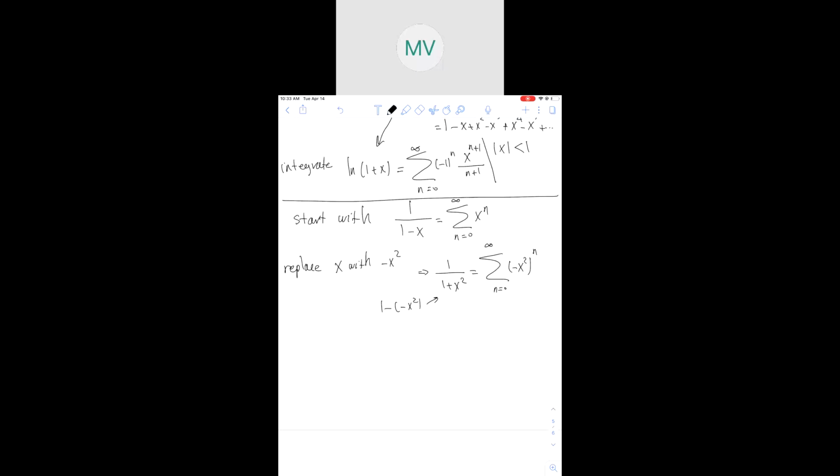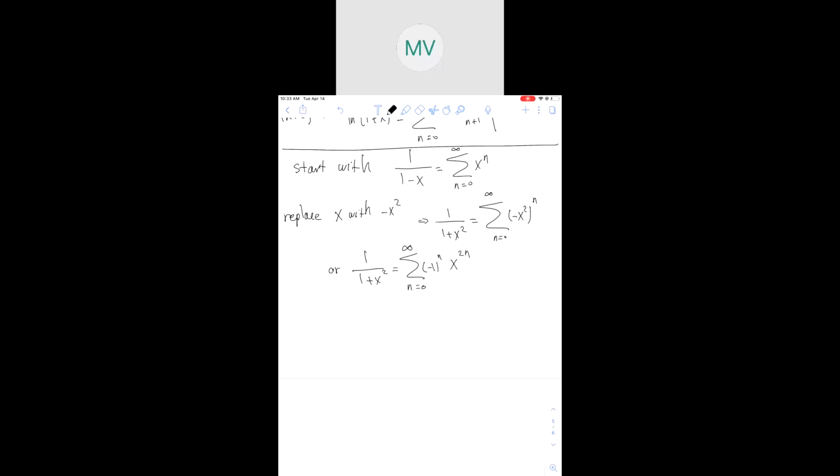Which can be written as: 1 over 1 plus x squared is the summation of negative 1 to the n, x to the 2n, starting from 0 to infinity.